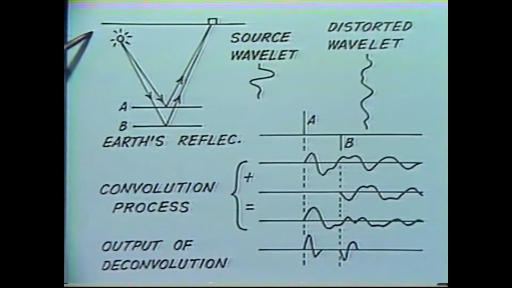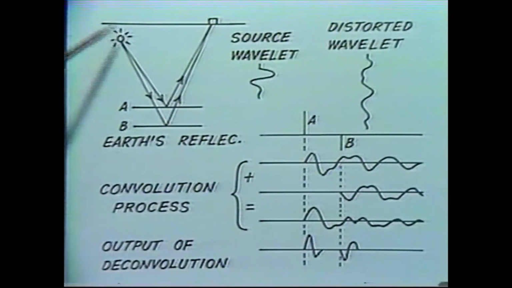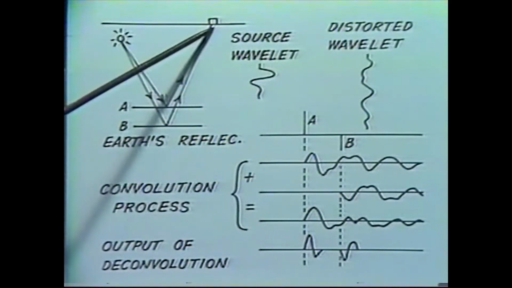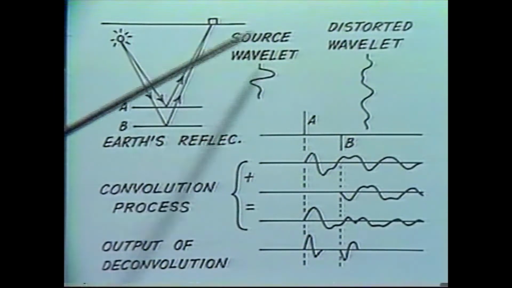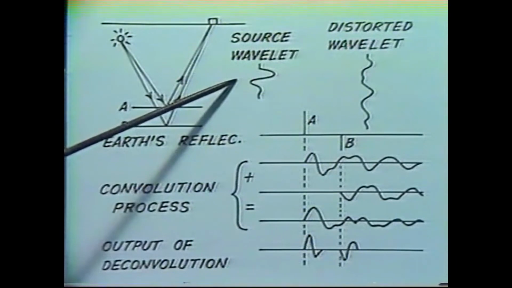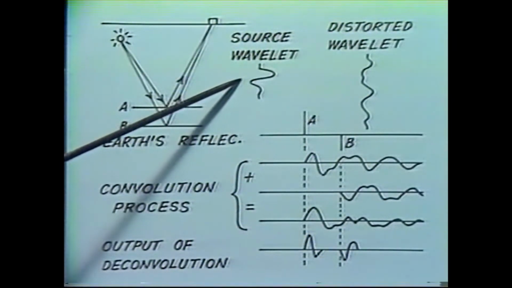The effect of the distorted source wavelet is illustrated on this slide. Here we have a shot and a detector on the surface of the Earth. The sharp shot pulse that we put into the ground is illustrated here.